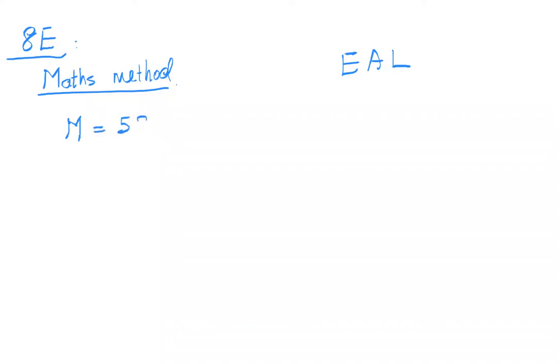Now if I give you two raw data about two subjects, one is Maths Methods, the Maths Methods result of student A, the other one is EAL. I give you that the Maths Methods mark for this student is 52. The EAL mark for this student is 74. Now, this is raw data.